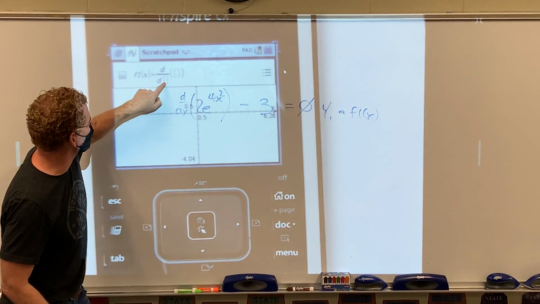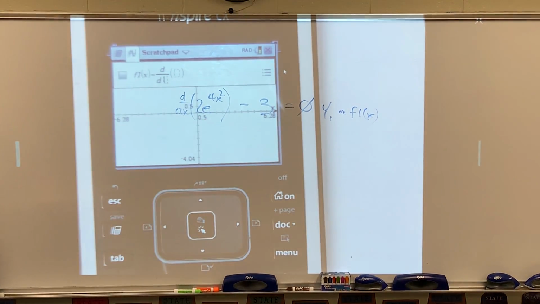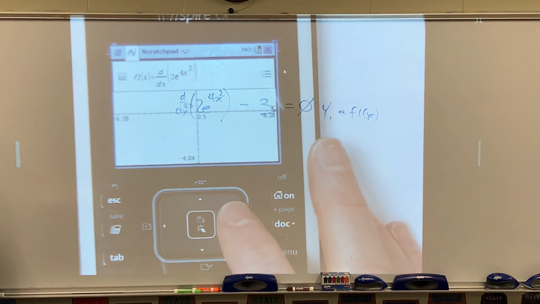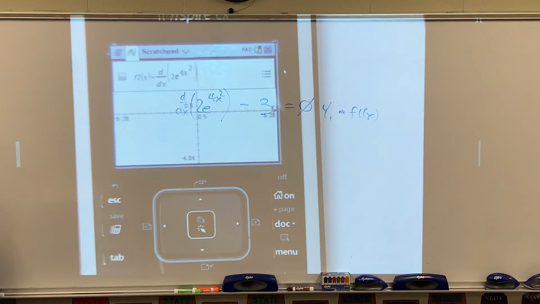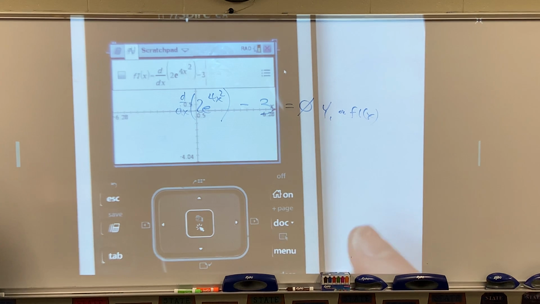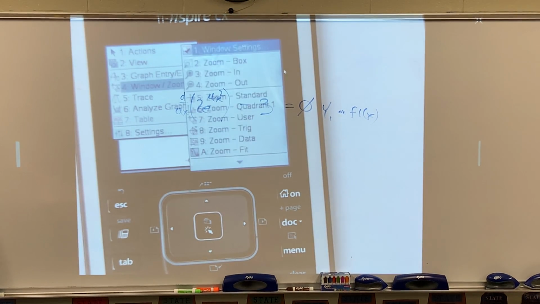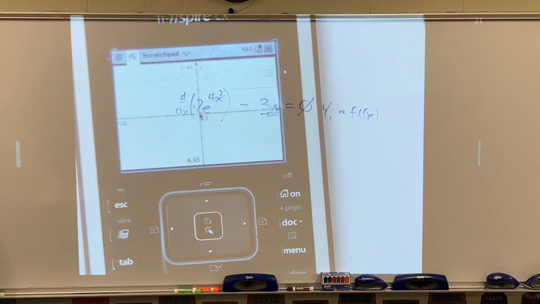So if you do that, and then just put x, and then type that function in, so I type in 2e raised to the 4x squared, right? Take the derivative of that, and then come out of there and subtract 3. And when I graph this thing, menu, window, I'm just going to go a standard window.